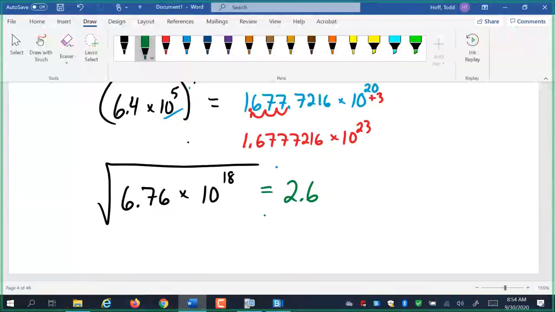Remember, what that's asking is, what number squared equals 10 to the 18th? Well, when we square something, we multiply the power by 2. So going backwards, square rooting it, we're going to divide the power by 2. 18 divided by 2 is 9. So that's 10 to the 9th. 10 to the 9th squared would give us 10 to the 18th. So the square root of 6.76 times 10 to the 18th is 2.6 times 10 to the 9th.